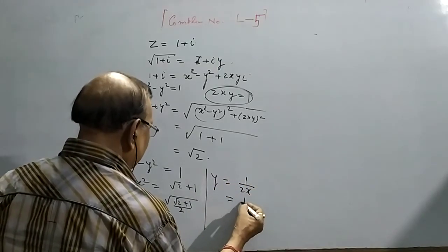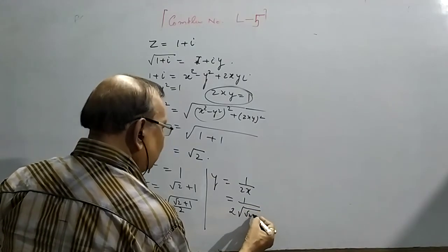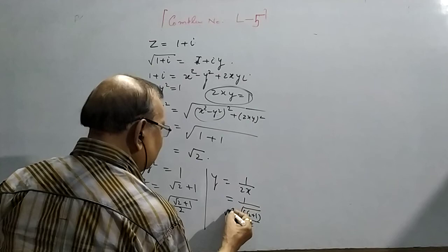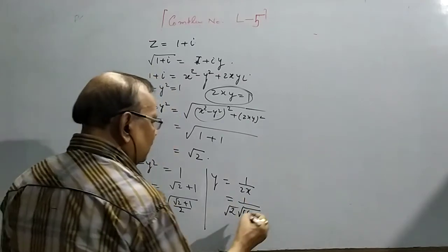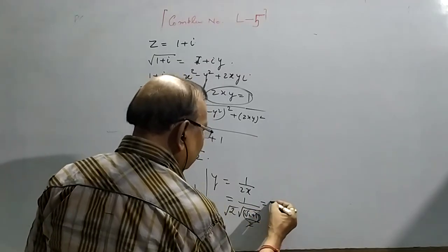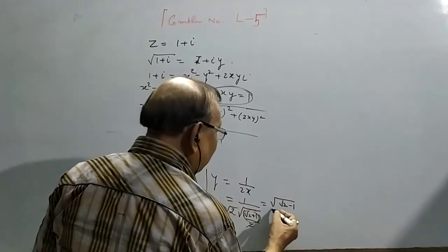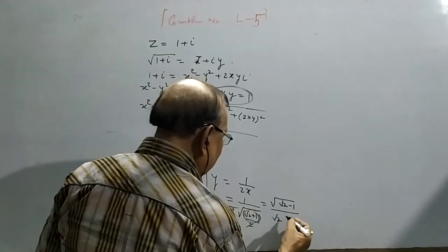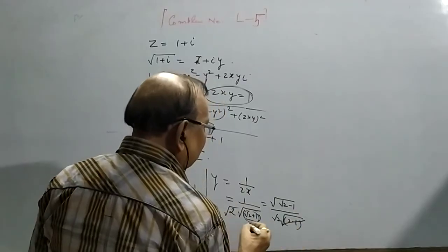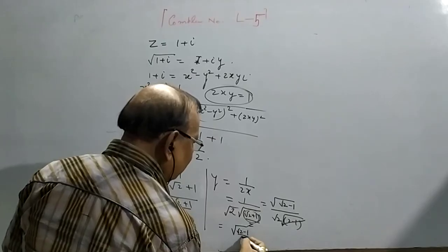That is 1 upon root 2 times root (root 2 plus 1) upon 2. The 2 cancels out, root 2 will be there. By making the conjugate of this, we get root (root 2 minus 1) upon 2, since 2 minus 1 under the root is 1. That is the answer.